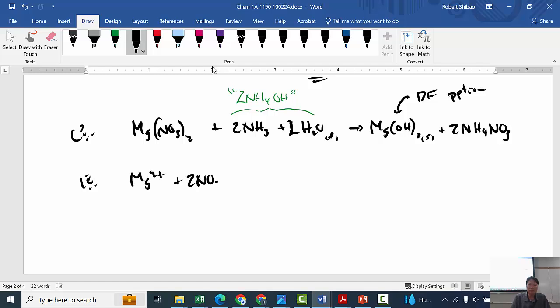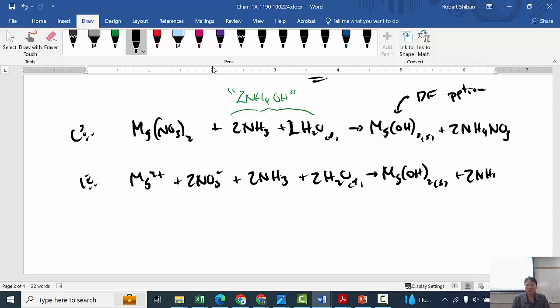So don't forget the charges here and the balancing, but we don't change it here. We only want to write the major species. Ammonium hydroxide is the minor species, but it does react. And so this is probably the worst one, where people didn't write the charges.